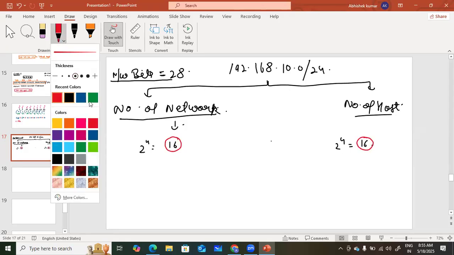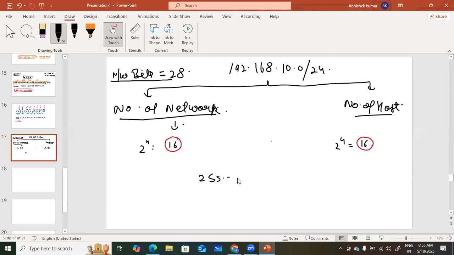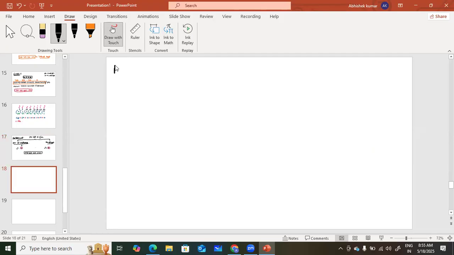And the subnet mask would be 255.255.255.240. Now, what will be the table? Network ID, first IP, last IP, and then the broadcast IP.